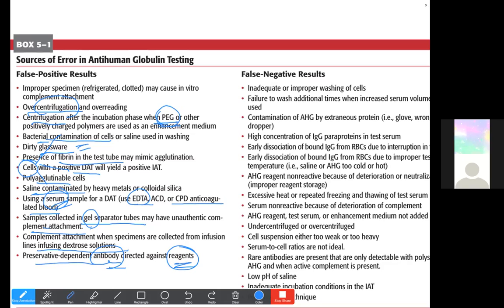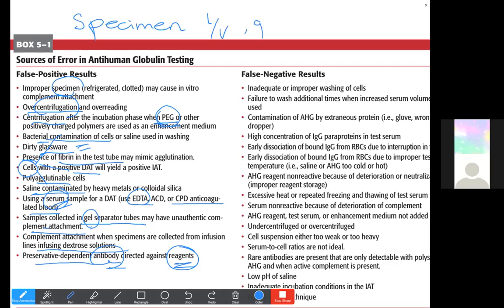So in a way, we have 12 to 13 causes for these false positive AIG, and those can be further divided into causes that are due to the patient sample, that is the patient's serum sample which is used, if it is improperly collected. If it is collected from an IV dextrose line, that would lead to complement activation.